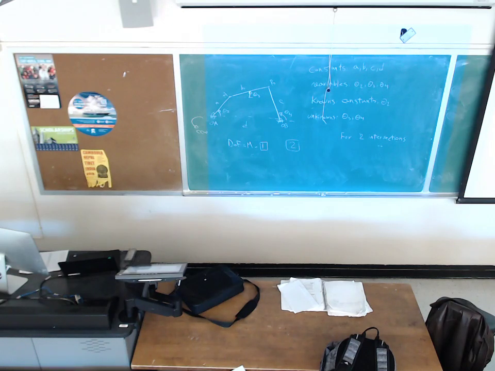Then, if I ask you to measure the angle, you should draw the line at point A. It's a ground line. You start from this point, moving in the counterclockwise direction. Don't go in this direction. All the way to this line. Same thing for theta 4.